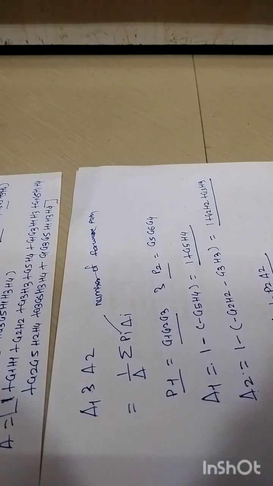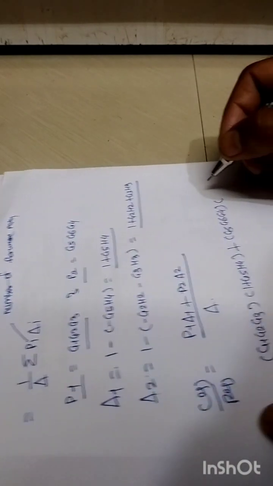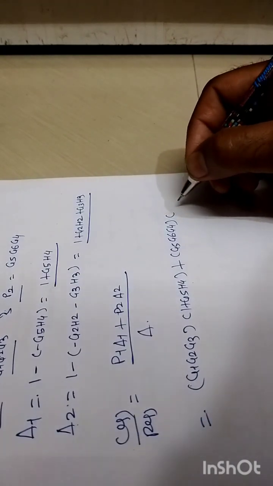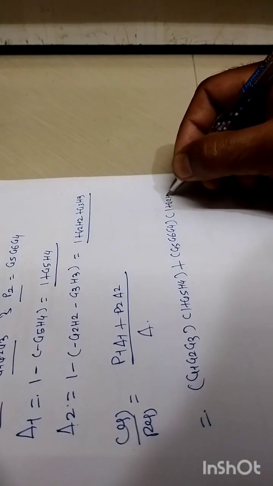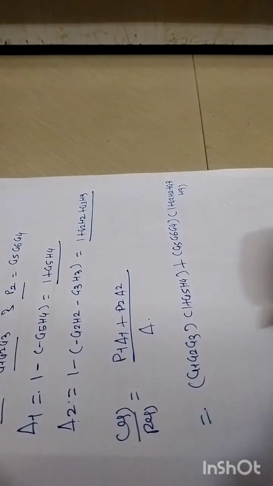So P1 is G1, G2, G3 into delta 1, that is 1 plus G5 into H4, plus P2 is G5, G6, G4, and delta 2 is 1 plus G2 H2 plus G3 H3.